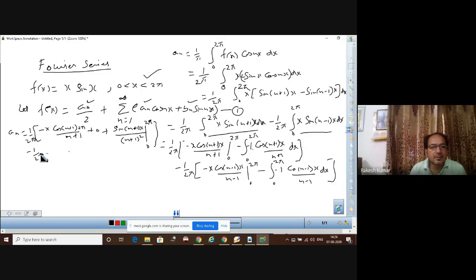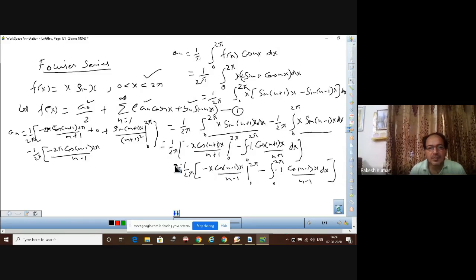Similarly, we can find out the second term also. In place of x, we also have to substitute 2 pi. So it should be 2 pi, not x now. And for the second term, we have minus 2 pi cos of (n minus 1) into 2 pi upon n minus 1.